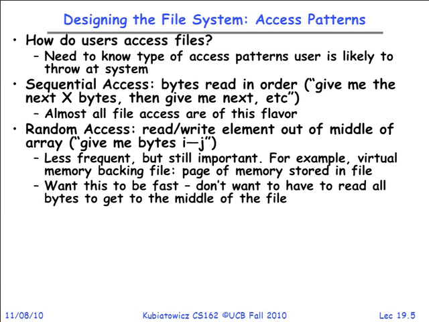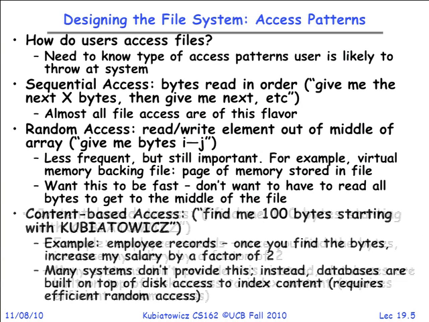Okay, that's the ability to, for instance, go to the middle of a video, but also the ability to do databases or whatever. So these are two very important patterns. If our file system can't do either sequential access or random access, then we probably have a problem.